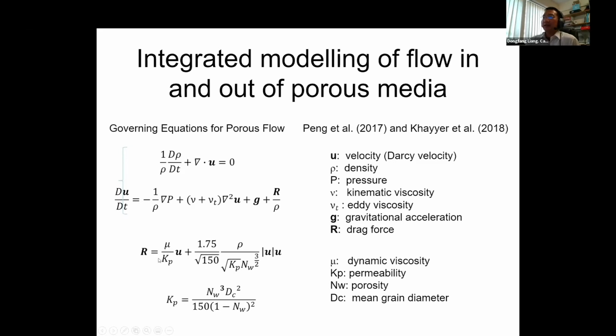And the value of R is given by this Ergun law, where Kp is the permeability and Nw represents the porosity. And these two values are related to the grain size of the beach.